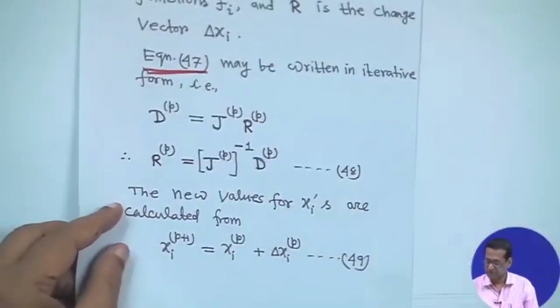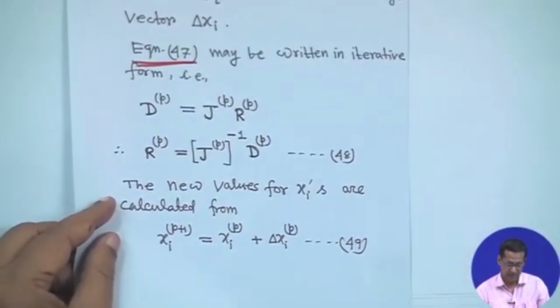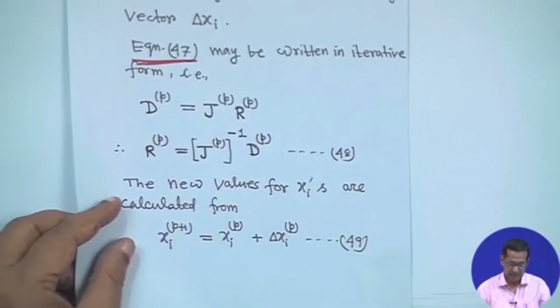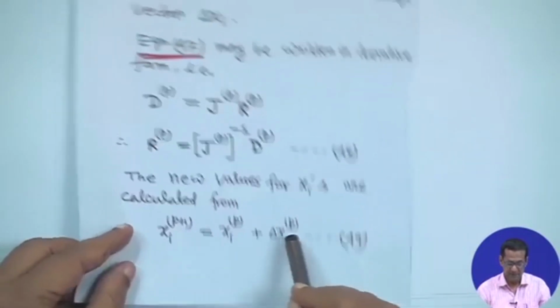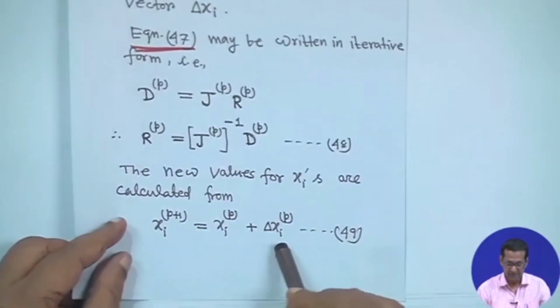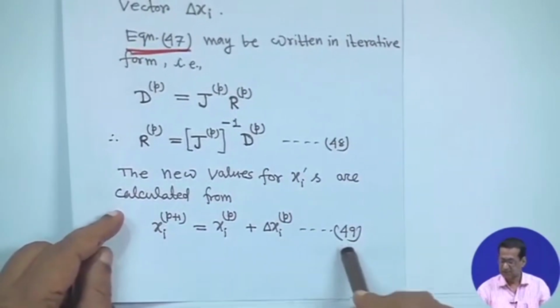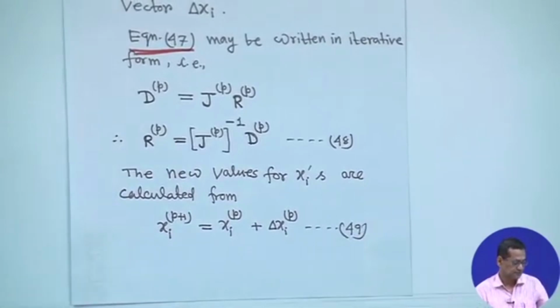All the delta x values can be computed from equation 48, therefore x can be updated. This is equation 49.